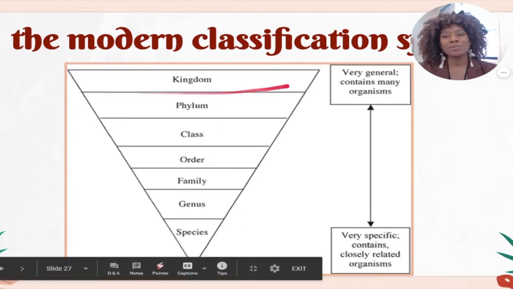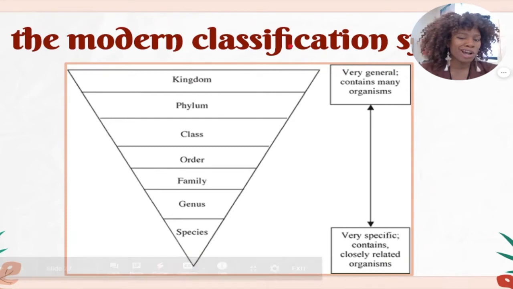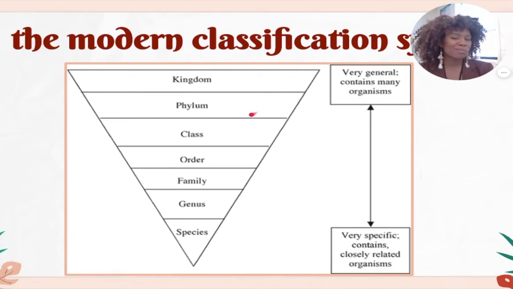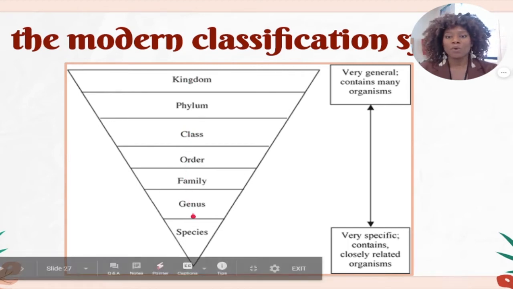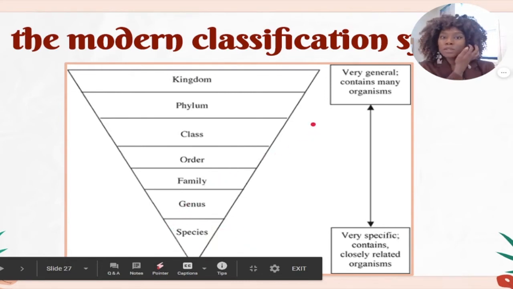While inside of an entire kingdom, there are thousands of organisms, and they're not very related. They're a little bit related, but not very. As you go down and down, they're getting more and more related, until the species, where they are very related organisms.